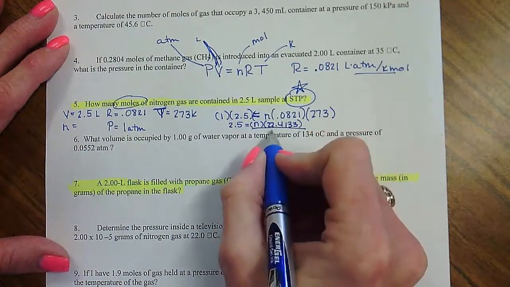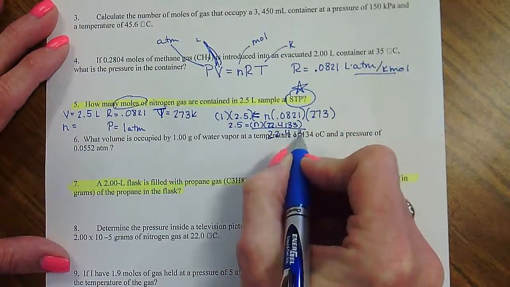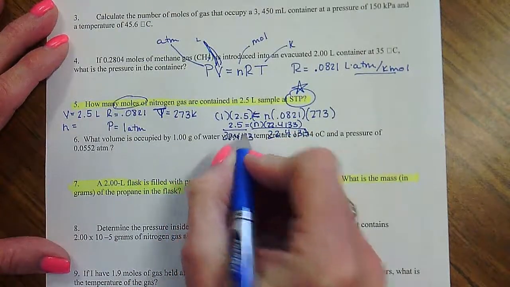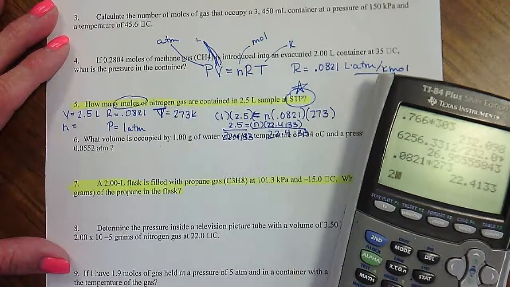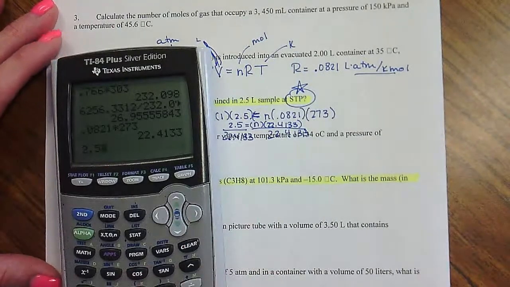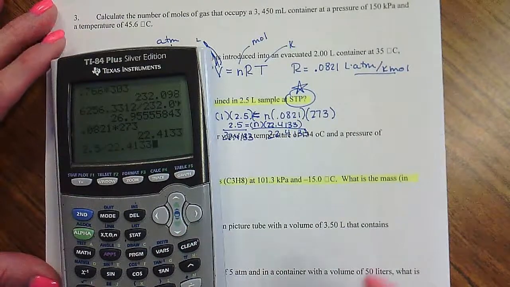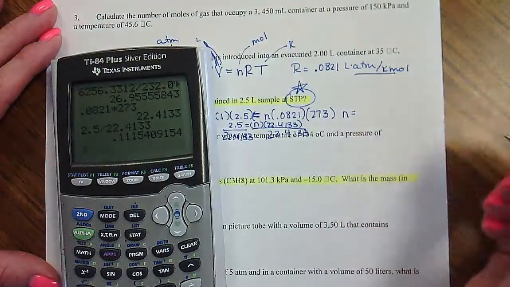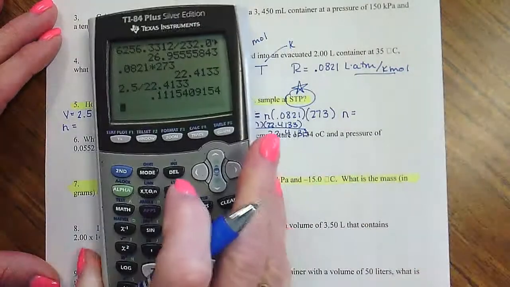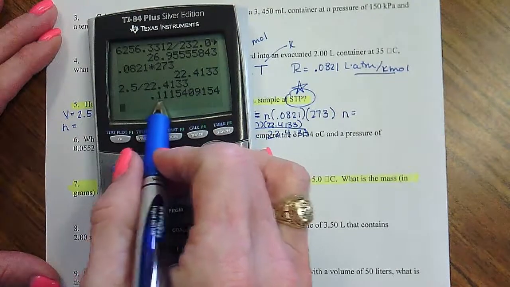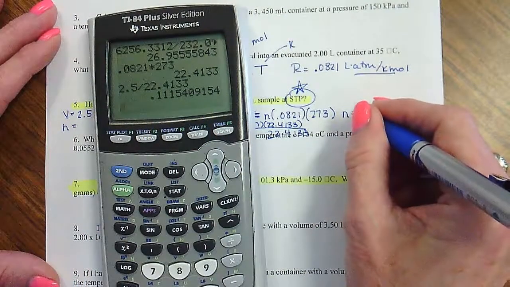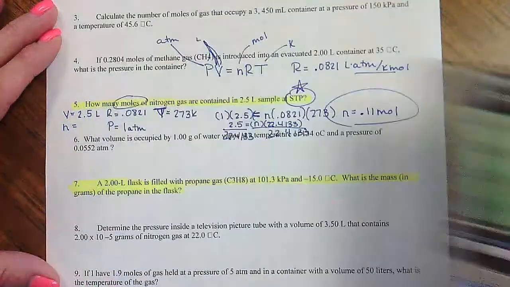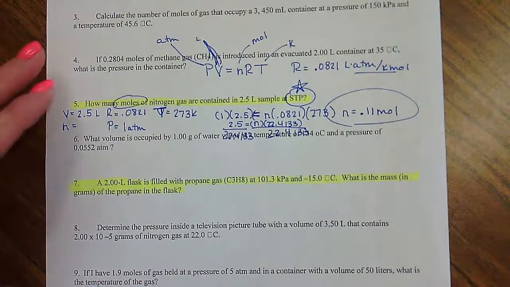I will divide both sides by 22.4133, so 2.5 divided by that number will give me the number of moles, N. How many sig figs? I can have 2 sig figs. 0.11, those are my 2 sig figs. That 1 does not round it up, so 0.11 moles. That's my answer.